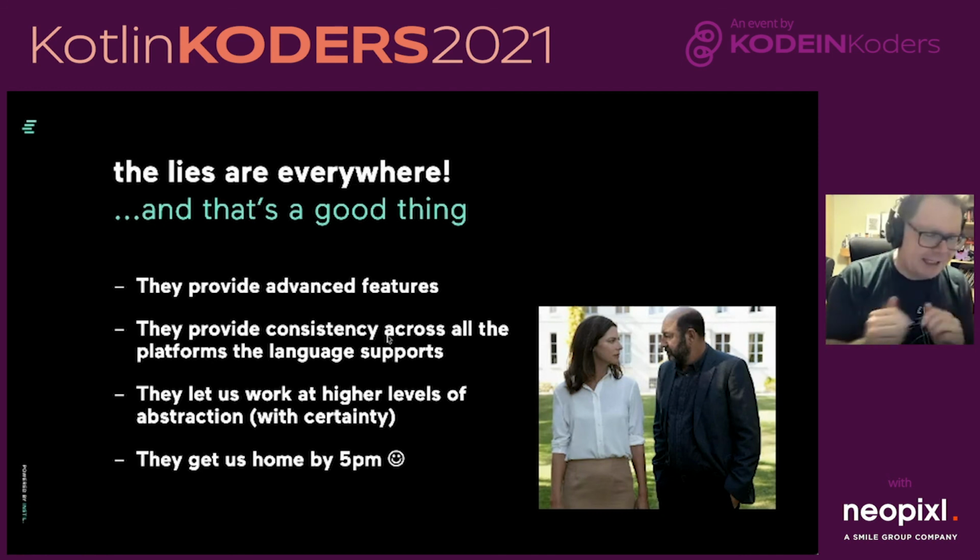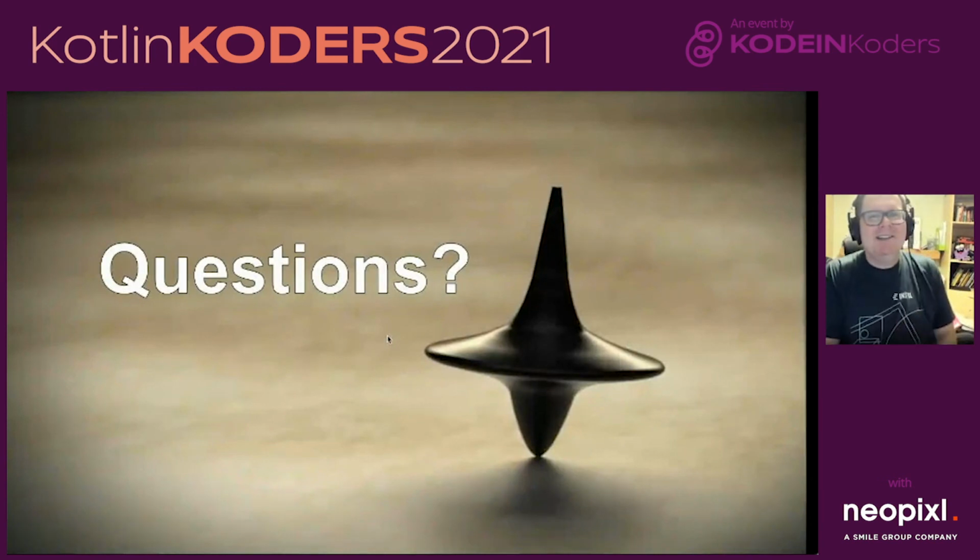There are bigger lies told with suspending functions, and the whole of desktop Compose and so on, well, that's telling some whoppers, but that's a good thing. All these lies let us work at higher levels of abstraction, which is a good thing. And most important of all, they get us home at 5 p.m. Most vital point of all. Cool. So that's my talk.